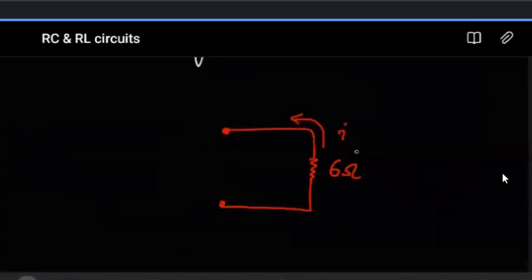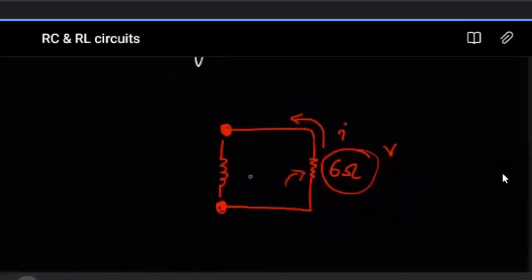So this means we can find an expression for the voltage drop across that resistor. But because this resistor is connected in parallel to these 2 points, here we have an inductor, the voltage drop across this resistor will have to be the same as the voltage drop across that inductor, because the two are connected in parallel.